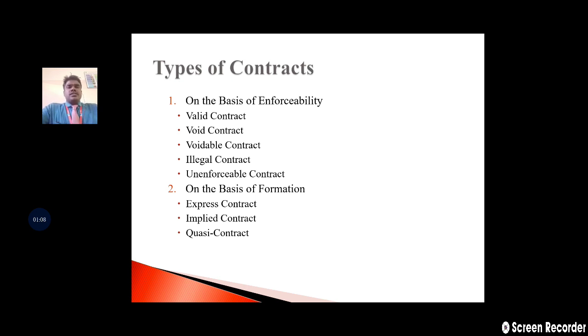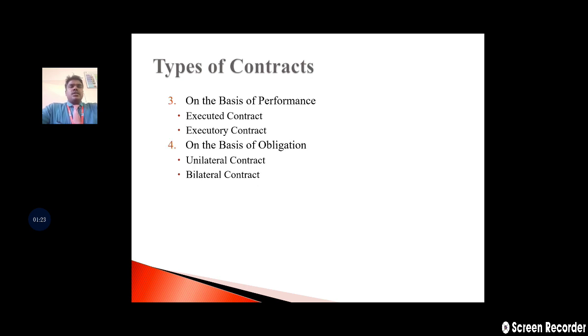And second one is on the basis of formation. It has the subheadings of express contract, implied contract, and quasi contract. And third one is on the basis of performance. It has the subheadings of executed contract and executory contract. Fourth one is on the basis of obligation: unilateral contract and bilateral contract.